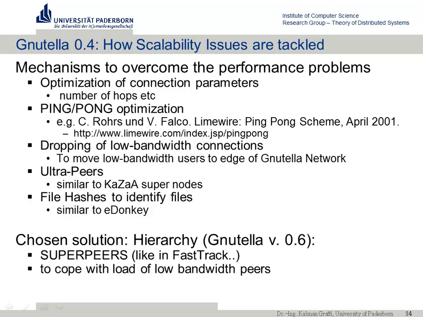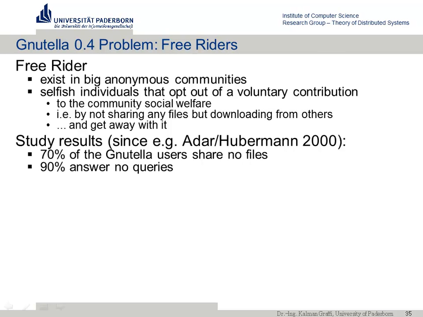Coming back to what kind of further problems there were which should also be tackled, and we will see whether Gnutella 0.6 tackled these. One big issue was free riders. Free riders is the synonym for selfish users who are not willing to contribute bandwidth or to share files.